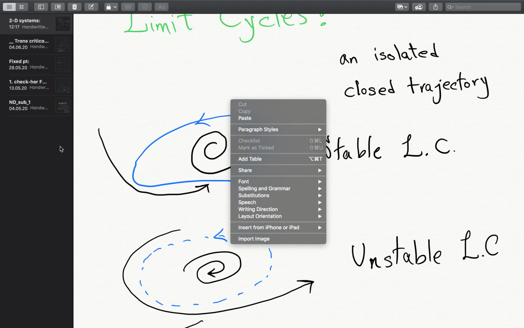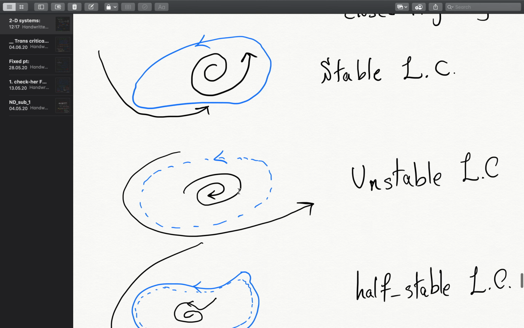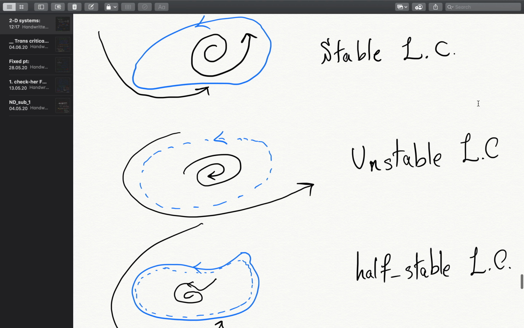So basically we have three different limit cycles. One of them is stable. It means that if a state of a system is starting from here, you actually have... it was my mistake actually. I should put an unstable fixed point here because topologically they should complete each other.